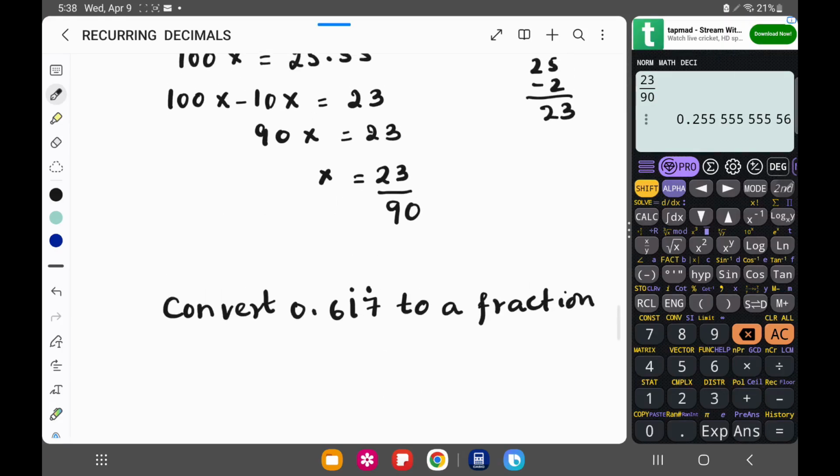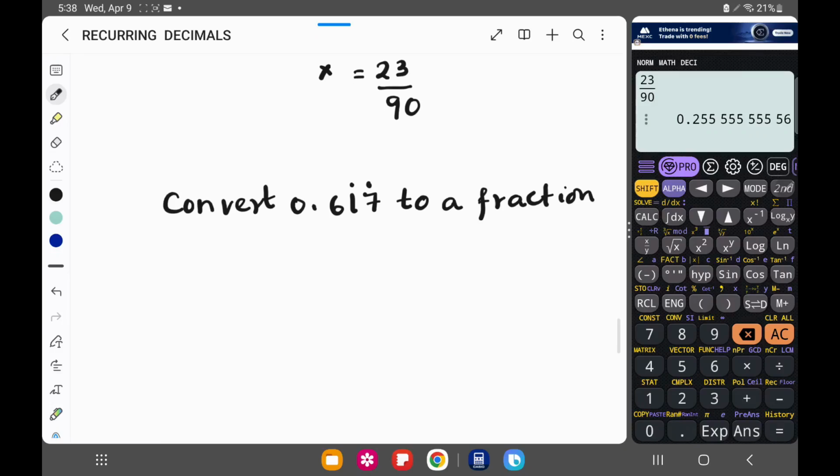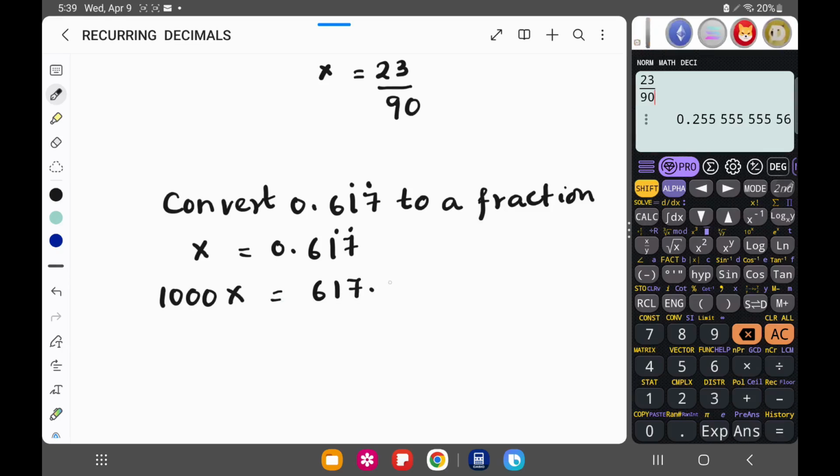Now another example: convert 0.617 to a fraction. So gradually I'm changing the number, you can see the difference. There are three numbers, so let x be equal to 0.6171717. If you write like this, then 1000x, because three numbers are there, is 617.1717 like this.